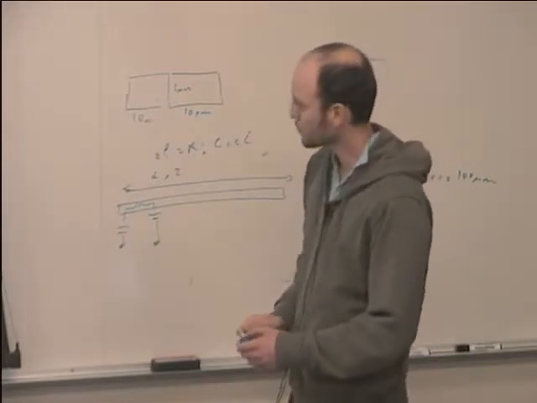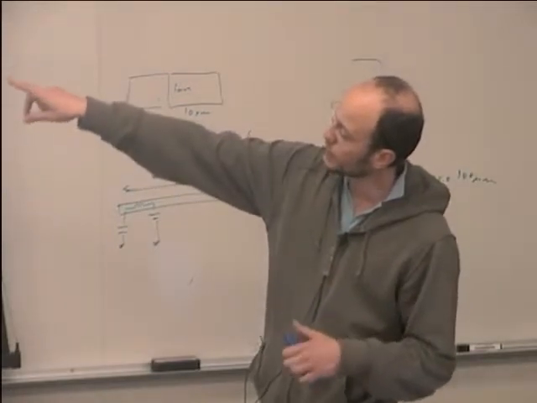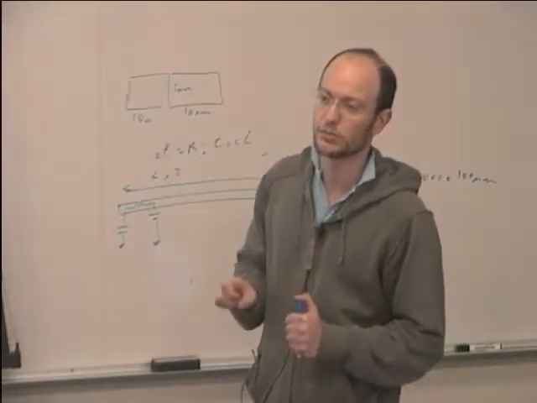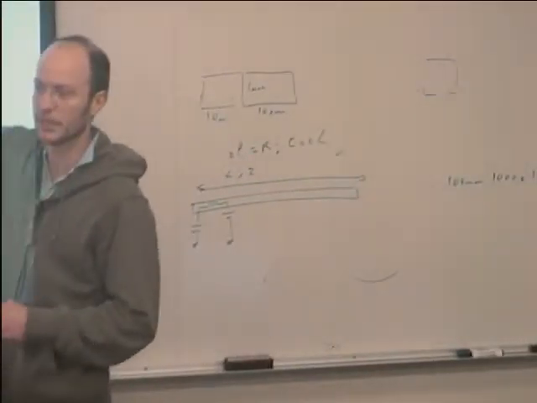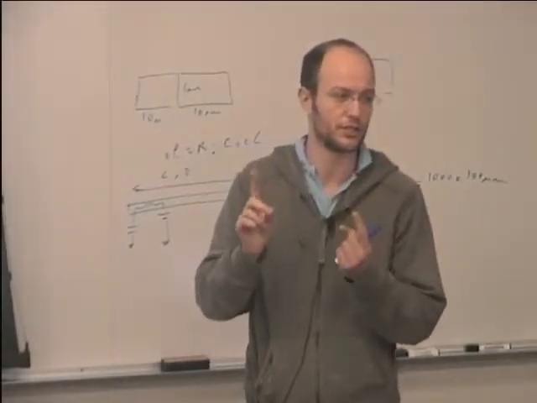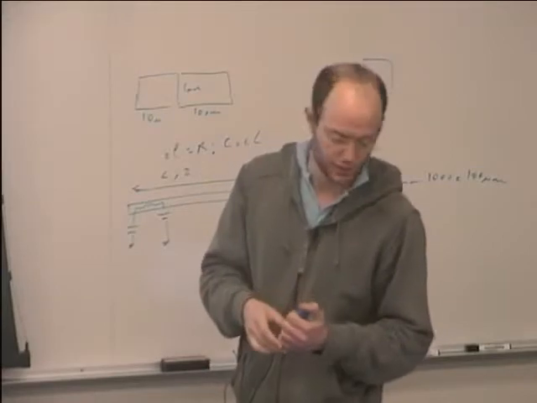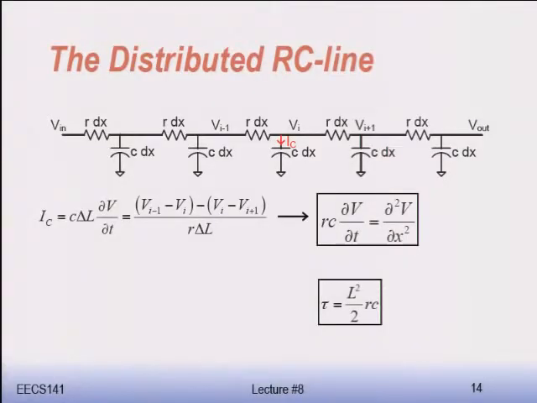So it turns out that you can write a differential equation for this RC line, because you can write the current flowing into each incremental length of capacitor, and then the voltage related to the voltage difference across the resistor, just using KCL essentially. And you get this equation that tells you this is essentially a heat transfer equation, a diffusion equation, because it's the second derivative in space and first derivative in time.